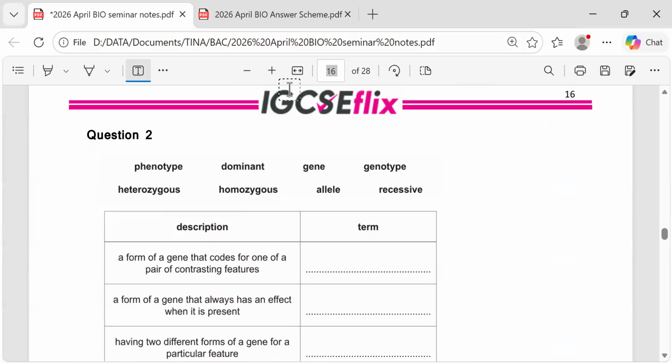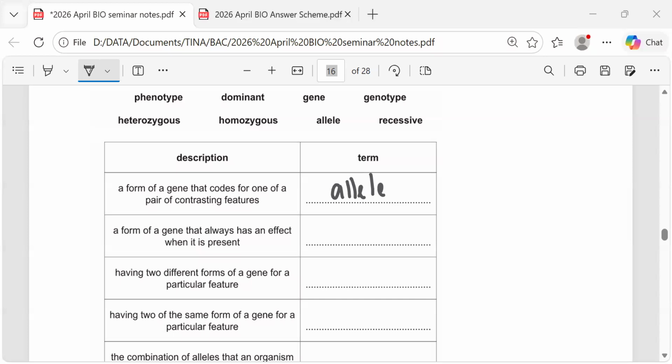Okay, do this one. I don't know. A form of a gene that always has an effect when it's present. Dominant. Two different forms of a gene. Heterozygous, right? Having two different genes.